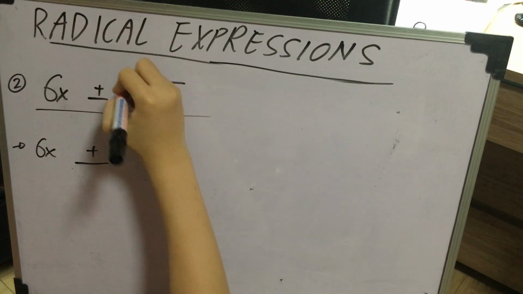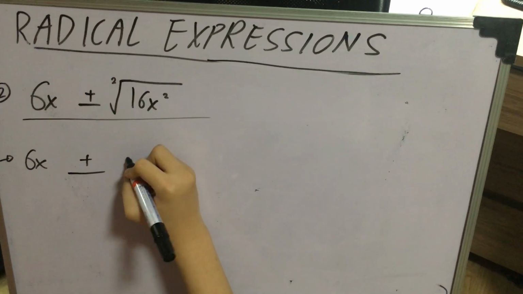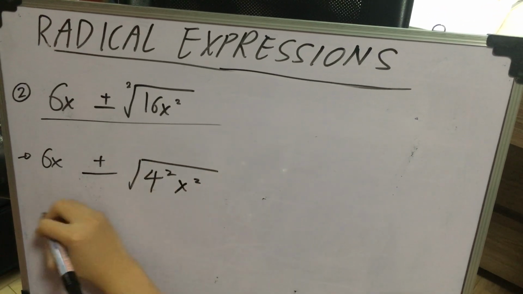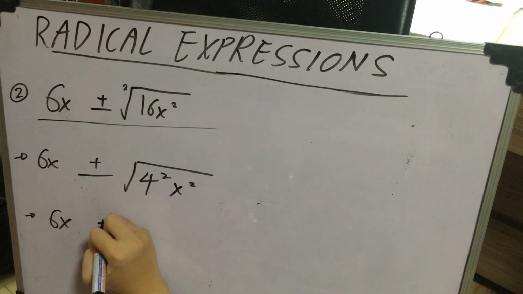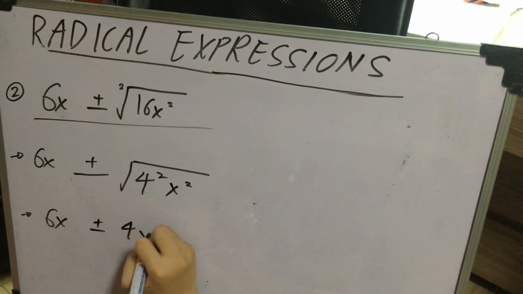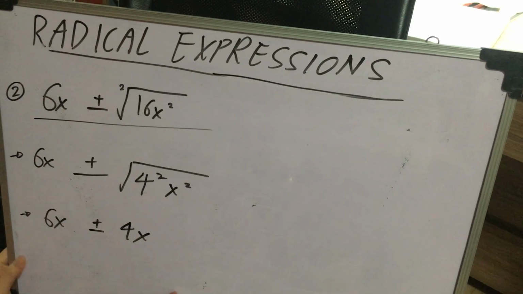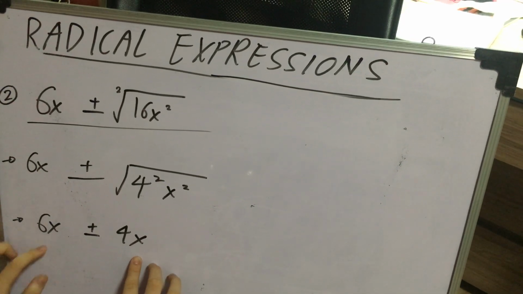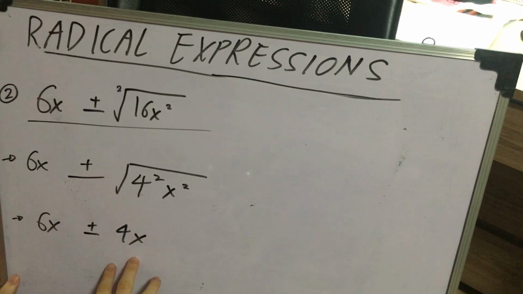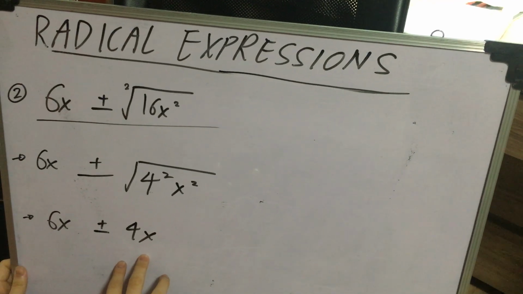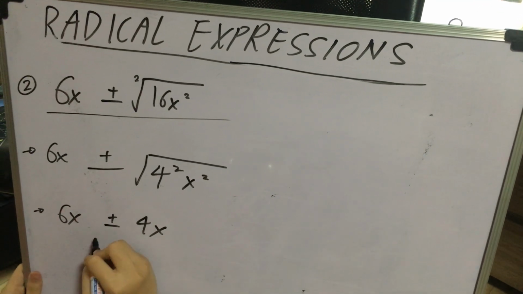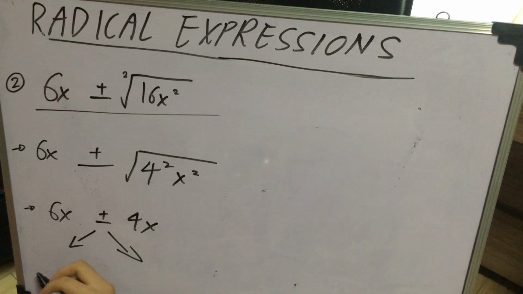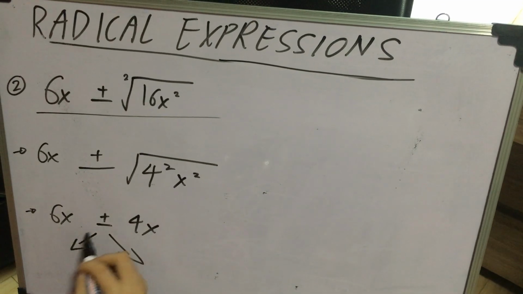If this is understood as 2, the square root of 16 would be 4, and the square root of x squared would be basically x, so 4x. Now that we have these two sides simplified, the left one already simplified since the beginning, plus or minus, I tell you, we'd have two answers. Obviously, plus or minus, subtracted and added.